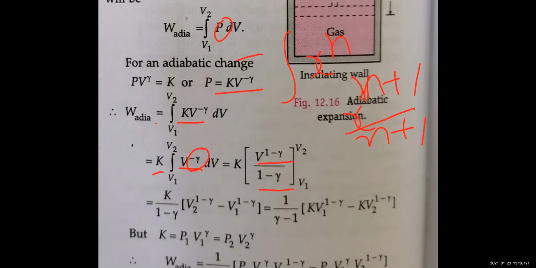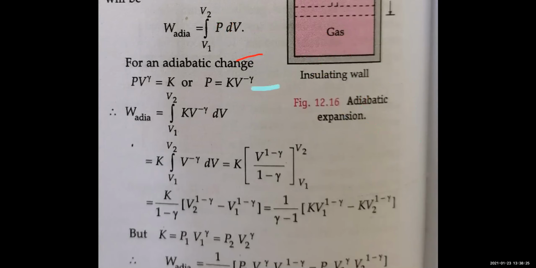Right, beta? So here what we have to do next? We have to put the value of limits. So here the upper limit is V2, so instead of V, we will put V2. Our equation will be V2 raised to 1 minus gamma minus the lower limit, that is V1 raised to 1 minus gamma. K upon 1 minus gamma is constant, so it has come out.